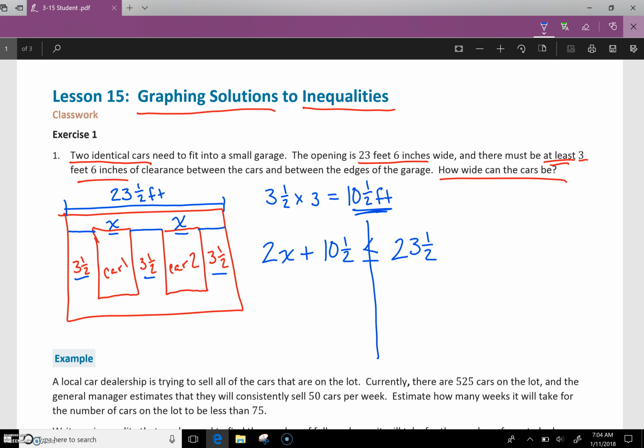And here we go. We would take away 10.5 from both sides. That would leave us with 2x is less than or equal to 13. If we divide by 2, we're going to get x is less than or equal to 6.5.